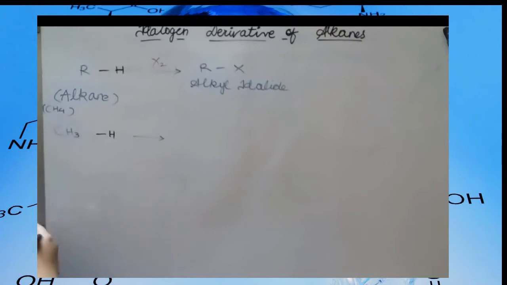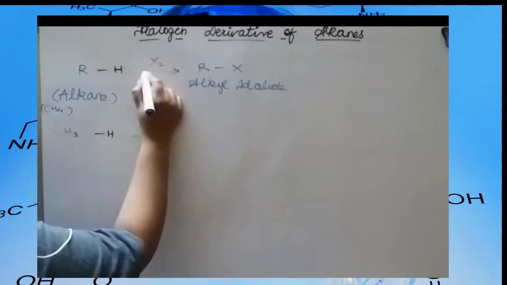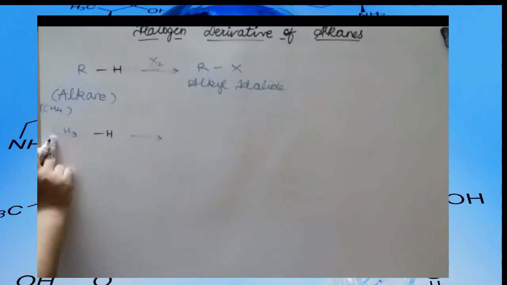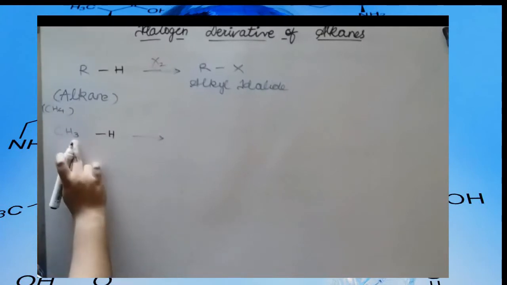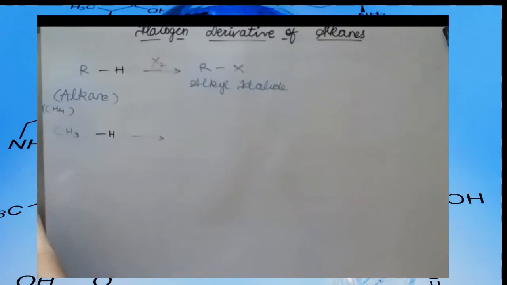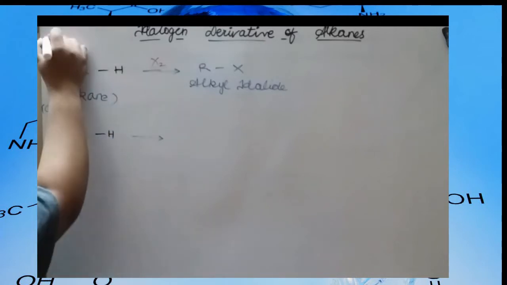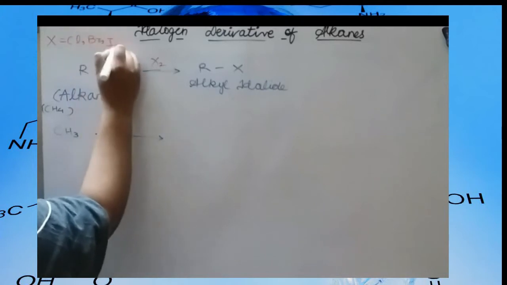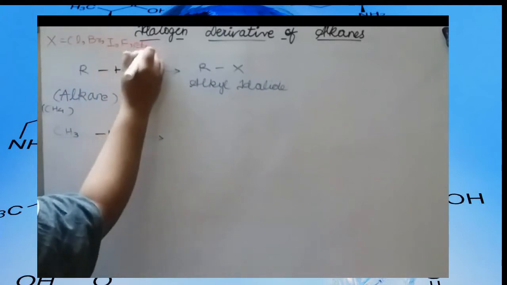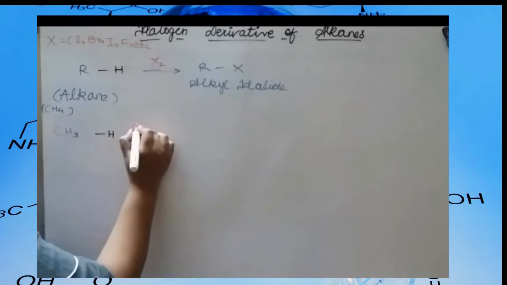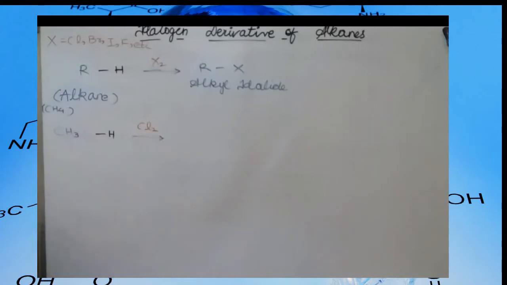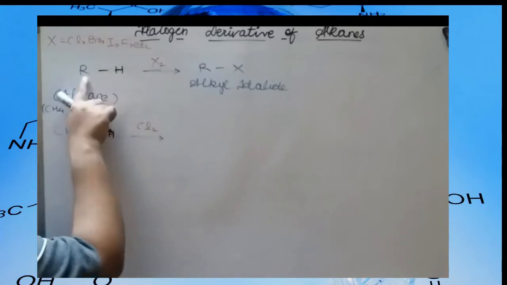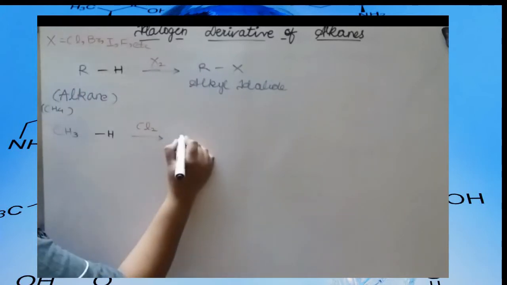Suppose we start from the lower alkane, which is methane. I am writing it as CH3 and H. When I add any halogen group, halogen X can be chlorine, bromine, iodine, fluorine, etc. Mostly we use chlorine, so I am taking Cl2. What will happen? This R will remain as it is.